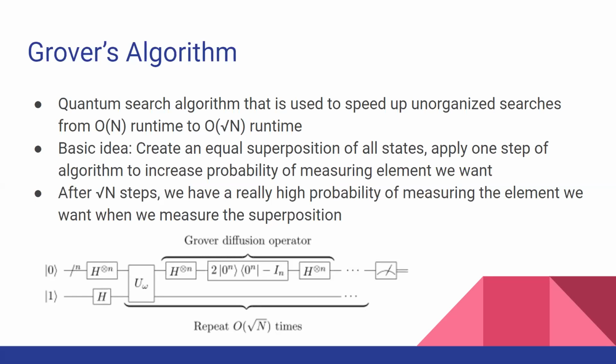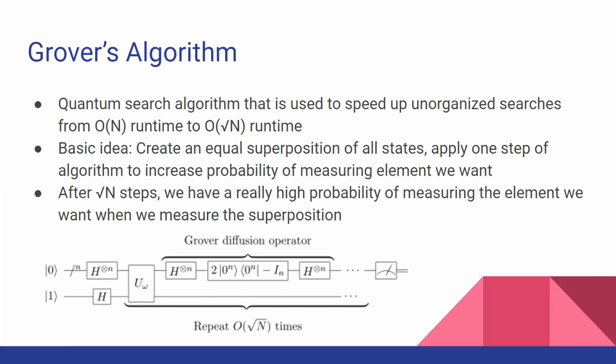So what we then do is we apply one step of this algorithm that will take the element that we're looking for. Like I said, determining what element we're looking for, and which of the probability amplitudes to increase, is up to something called the oracle in this algorithm. It's like a quantum circuit that I don't really have time to discuss, and I'm also not entirely familiar with its inner workings.